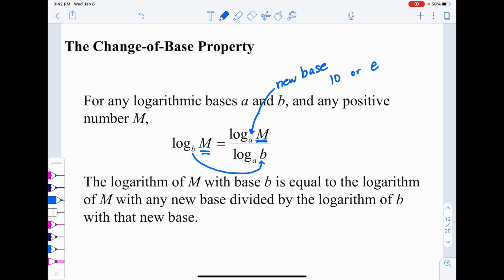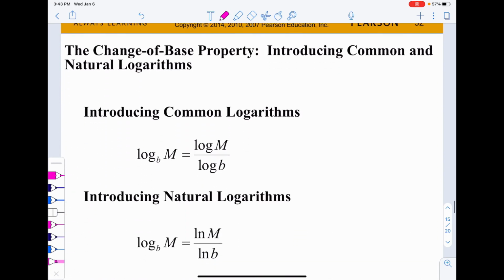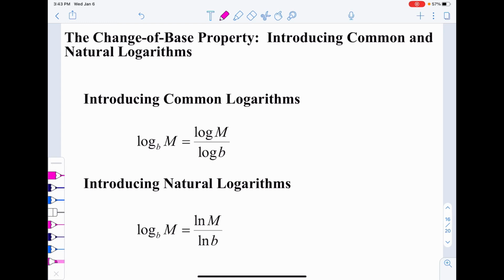Now, just a little way of remembering: this b is the base, so it goes to the bottom. That might also help you in terms of which one goes on top and which one goes on the bottom. In general, the change of base property is the introduction of the common and the natural logs. Again, I said base 10 or base e.